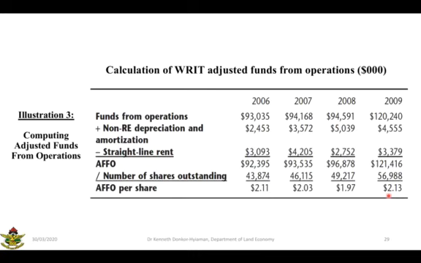I want you to take a critical look at the table, look at the components or the items and how they are adjusted to arrive at the respective measures of the income of a REIT. I will end this third lecture here and look at how to value REITs in the next lecture. Thank you.